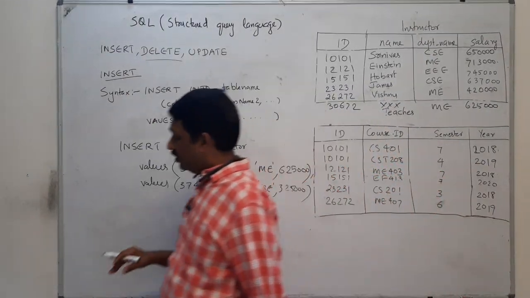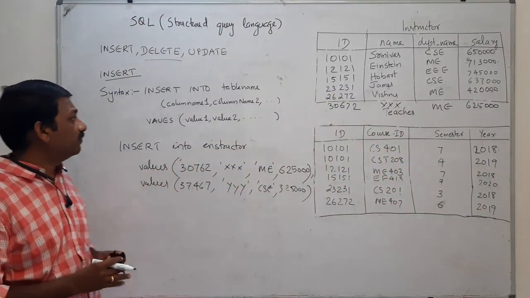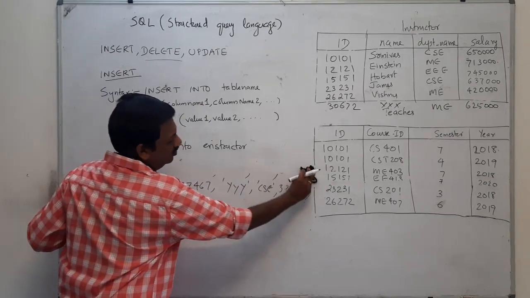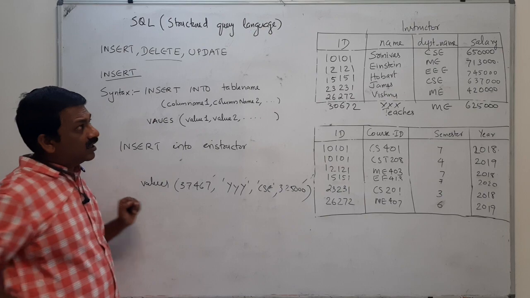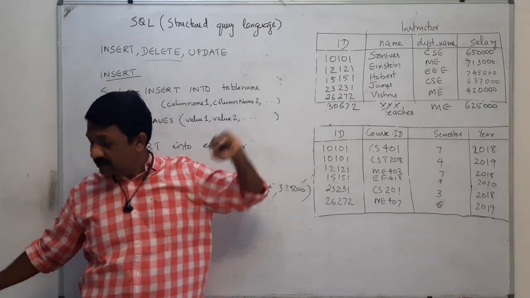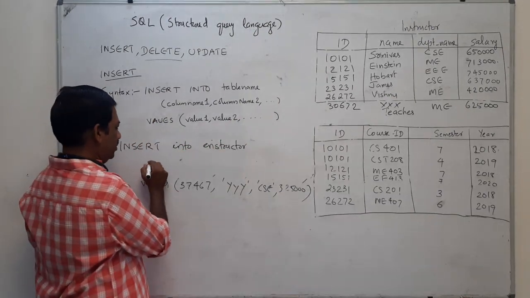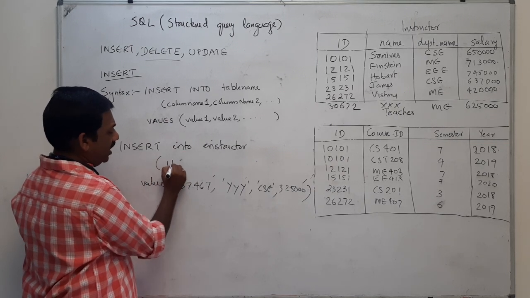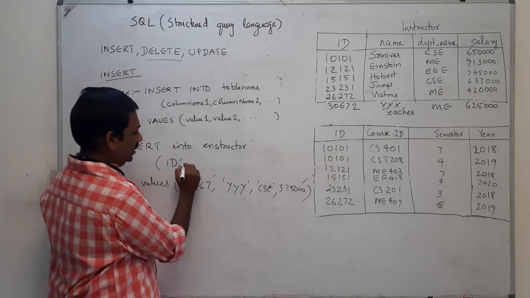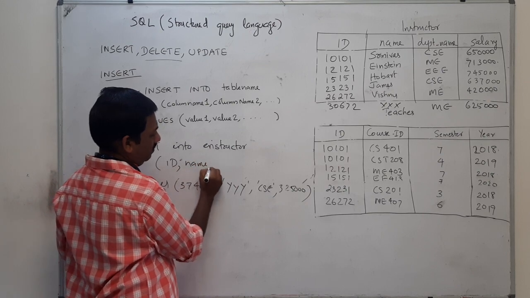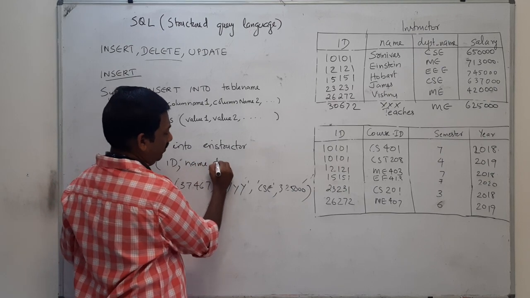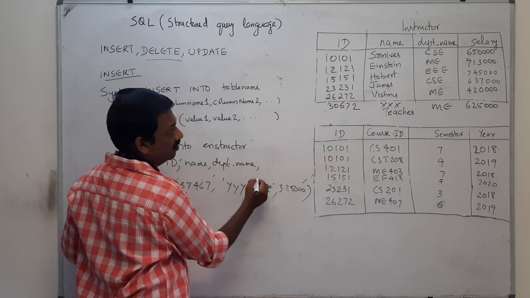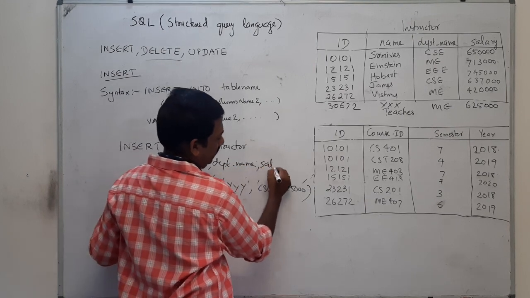Now, suppose that here this is ID, and now insert into instructor, then ID, name, department name, and salary.